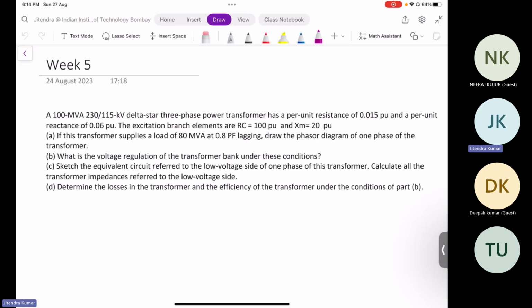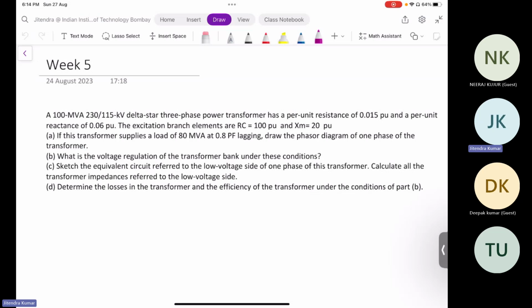Yes, sir. Okay, so the first thing we will do is compute the base value of everything. As soon as we encounter a per unit system in the problem, what should we do instantly?